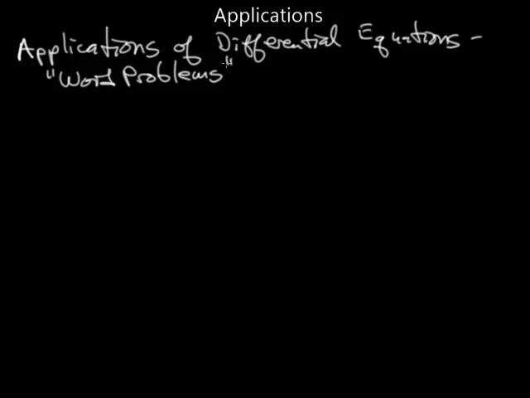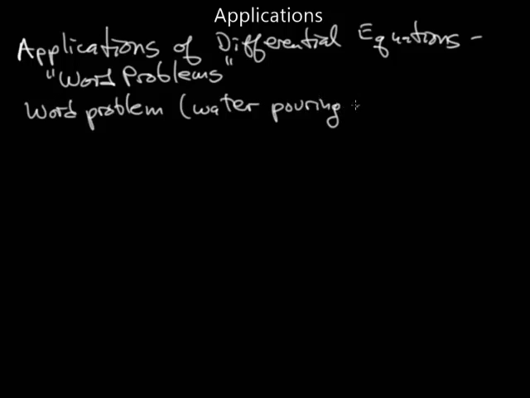And here's just a very, very high-level brief outline of the kind of problem we're talking about. We're going to be given a word problem which describes some system, like for example, the first example I'm going to be doing is water pouring into a tank. And it's describing something that's changing.